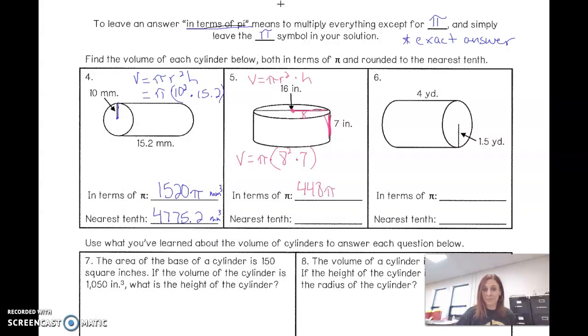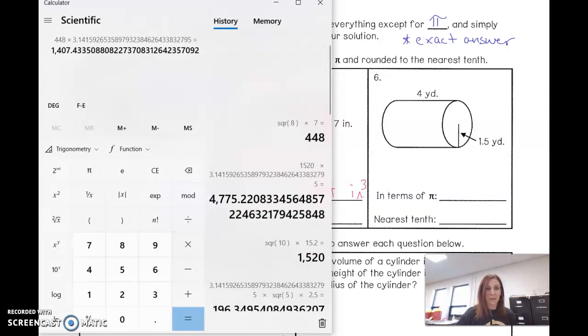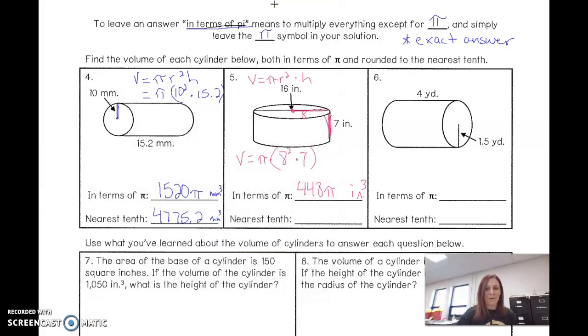Exact answer, cubic inches. Approximate answer, times it by pi. 1,407, look at the 4 here, the 3 tells me leave it as 4. 1,407.4. Okay, and the last one real quick.